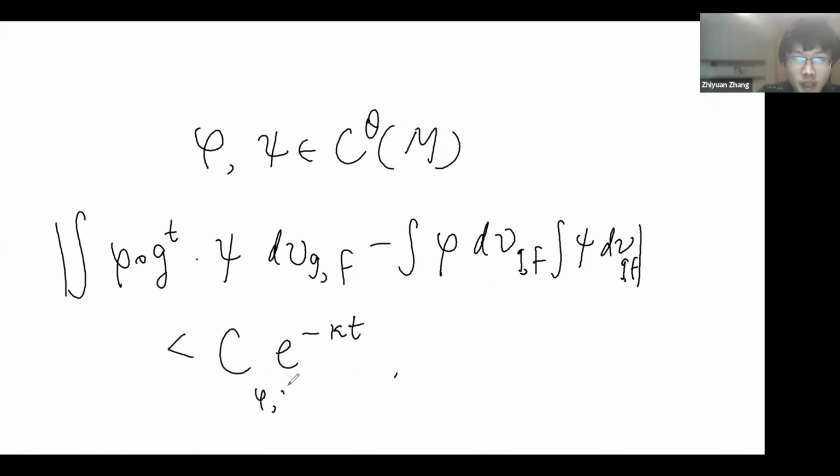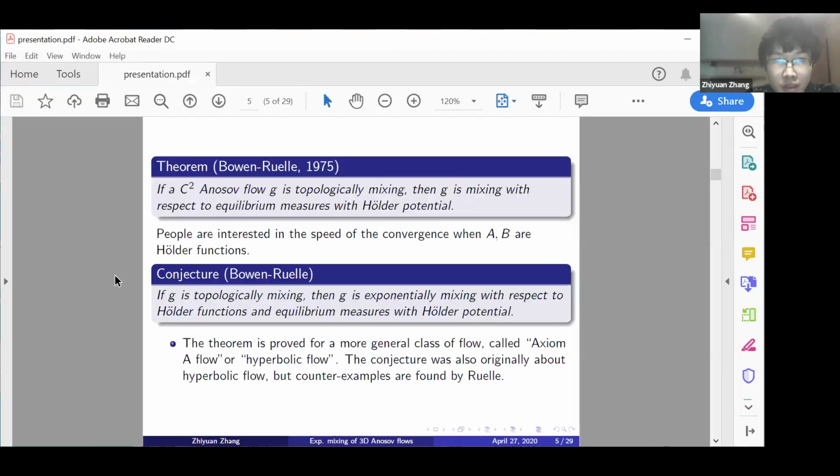All of these can be defined on this data, and kappa will usually depend on g and also on theta. So they asked whether or not this mixing speed is exponentially fast. Then for Axiom A flows, the conjecture was disproved by Ruelle. But for Anosov flows, this is not known.